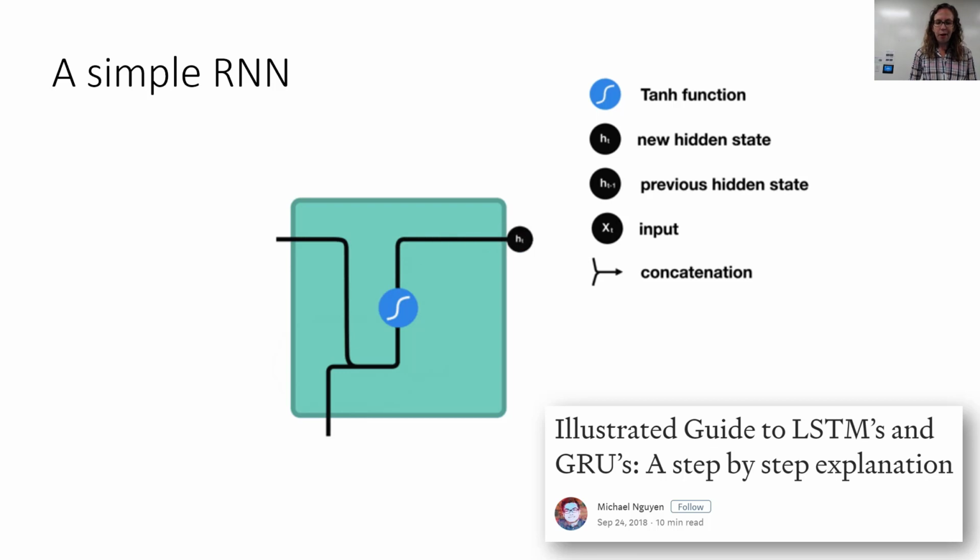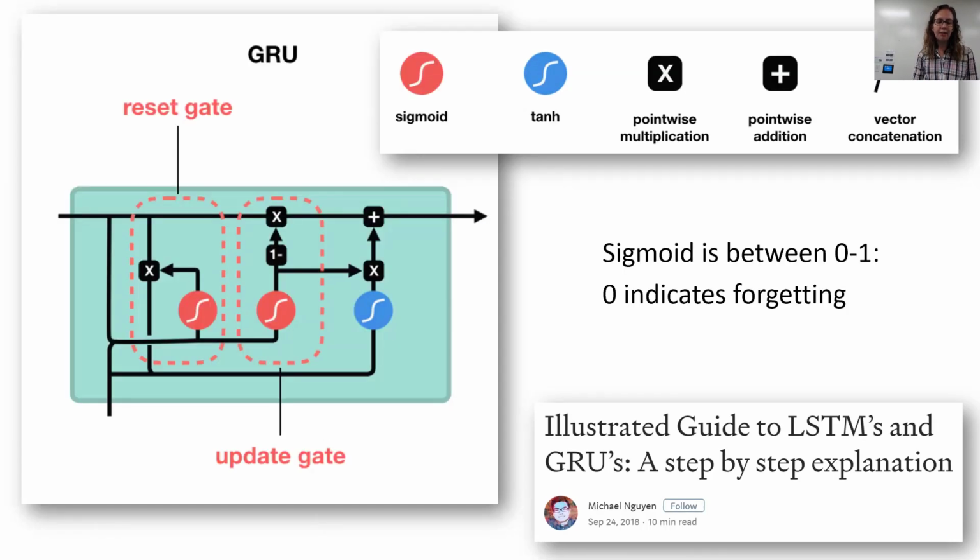And so what a GRU does, and I chose GRUs since they're more modern and have fewer gates, but it's the same idea if you wanted to look at LSTMs, is that you have a reset gate and an update gate. And I think this is actually easier to understand looking at code.